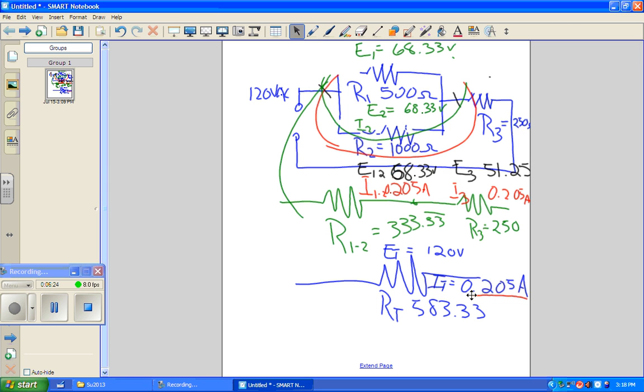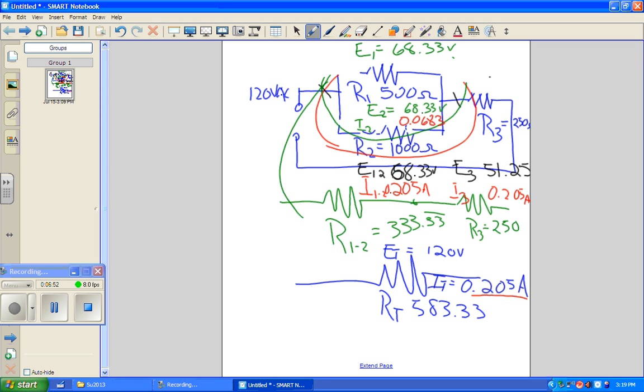Since we wrote it E, I, R, and we're going down, we divide. So 68.33 divided by 1,000, we're just going to move the decimal place a couple places, right? So what current are we going to get? 0.0683.